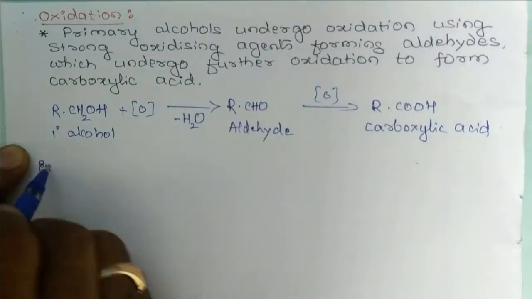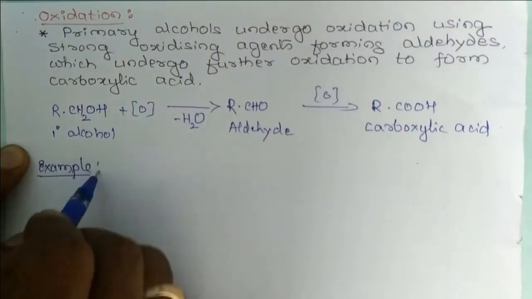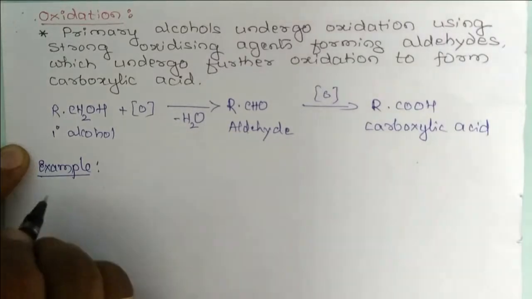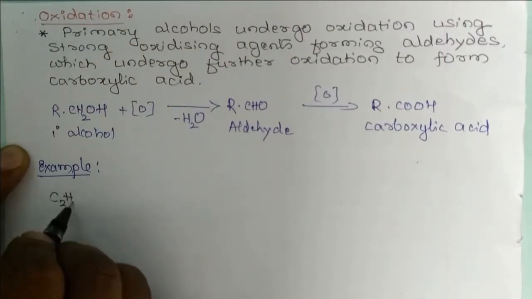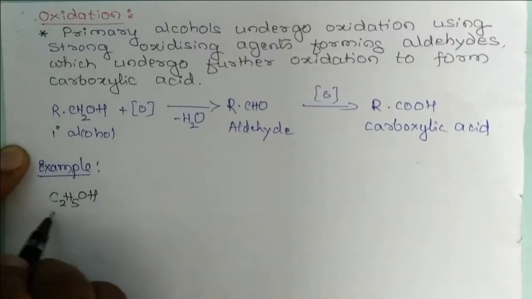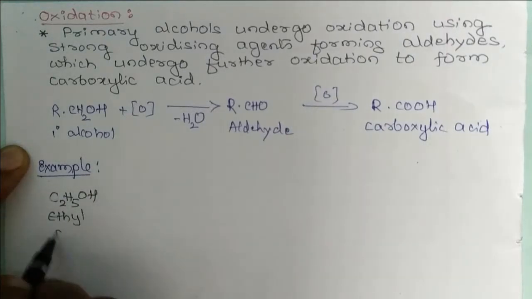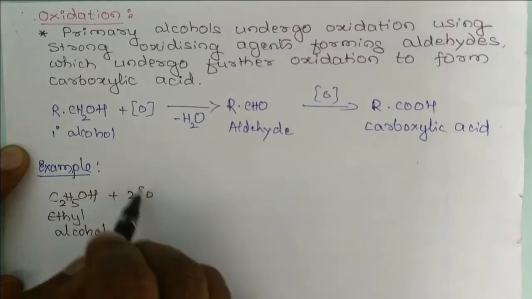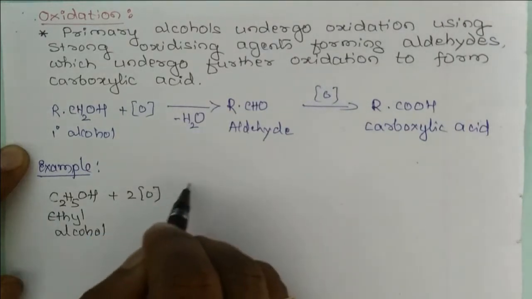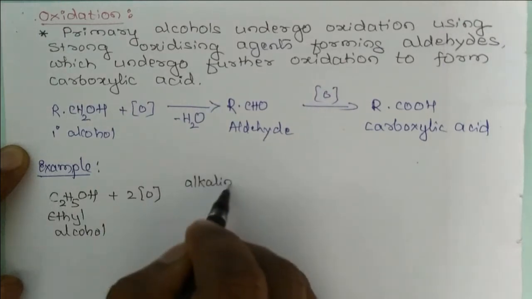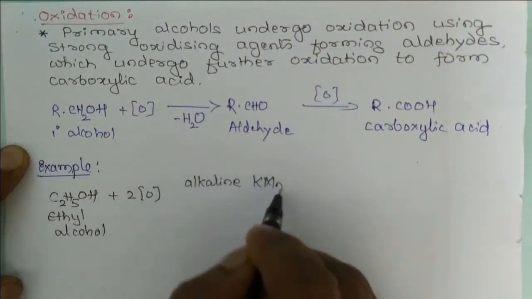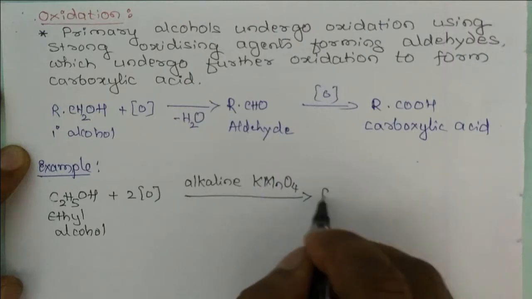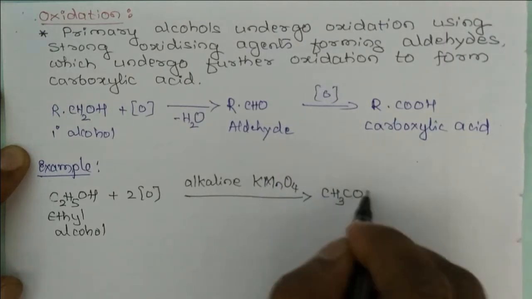Example, when ethyl alcohol, C2H5OH, this is primary alcohol, undergoes oxidation in the presence of alkaline potassium permanganate, you are going to get acetic acid with same number of carbon atoms, CH3COOH.